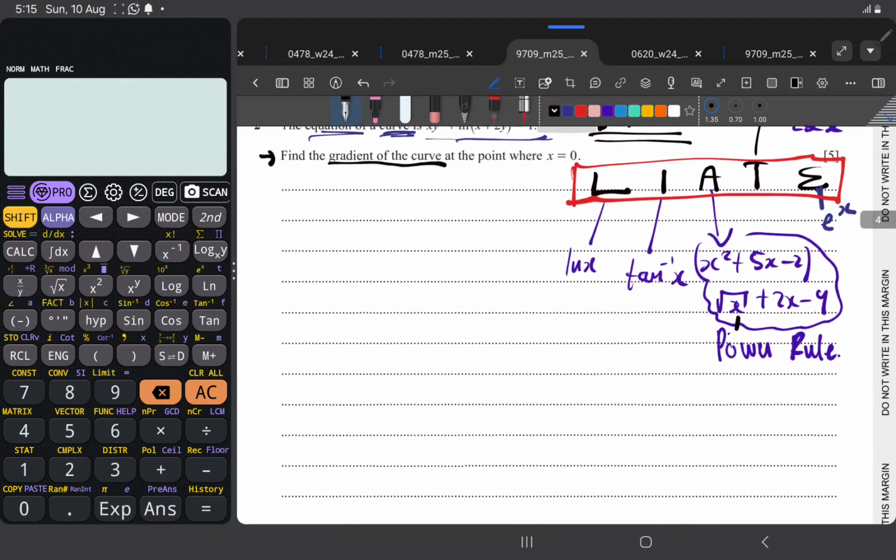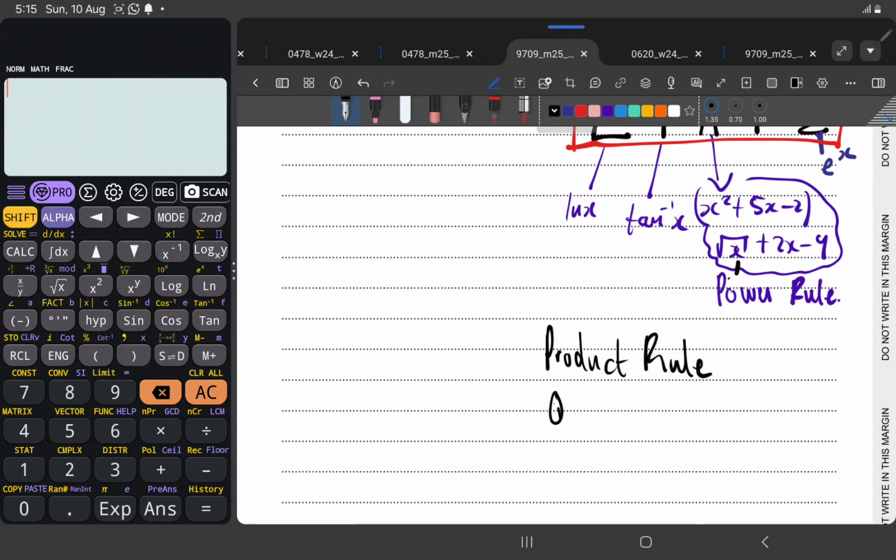You should now know the 3 other rules, which are the product rule, the quotient rule, and the chain rule. We may apply the product rule in this question. Now, somebody may ask, where are these rules coming in?